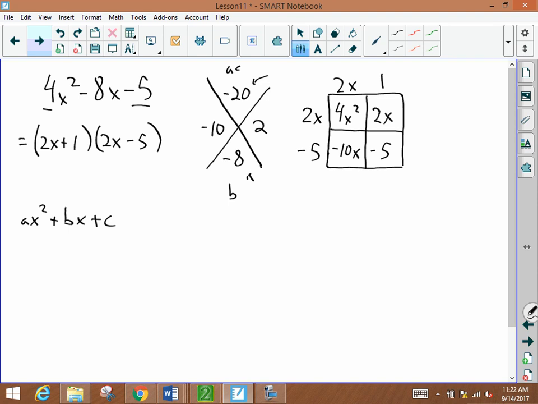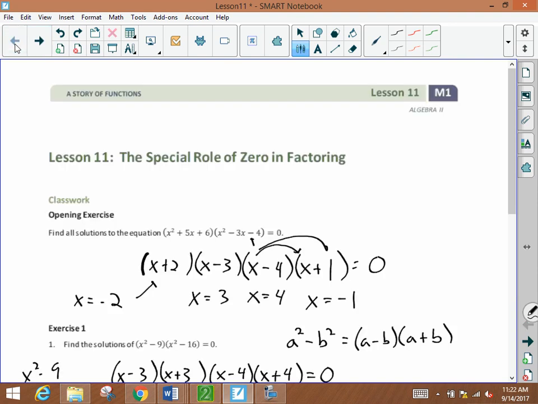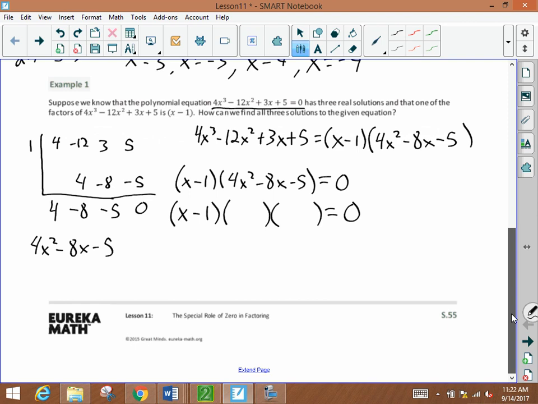Yay, let's put that into our problem now. So this is 2x plus 1, and this is 2x minus 5. We did it. It's factored. We factored that big thing.